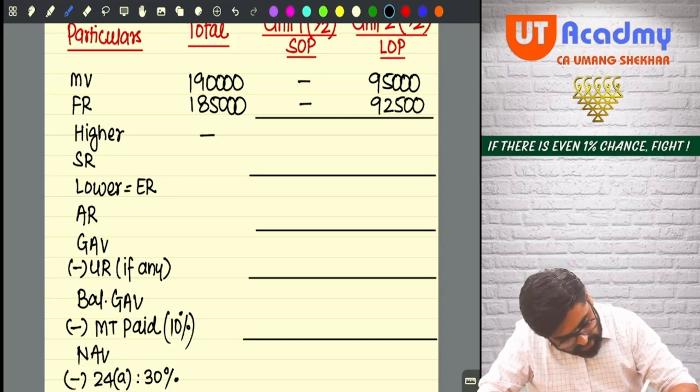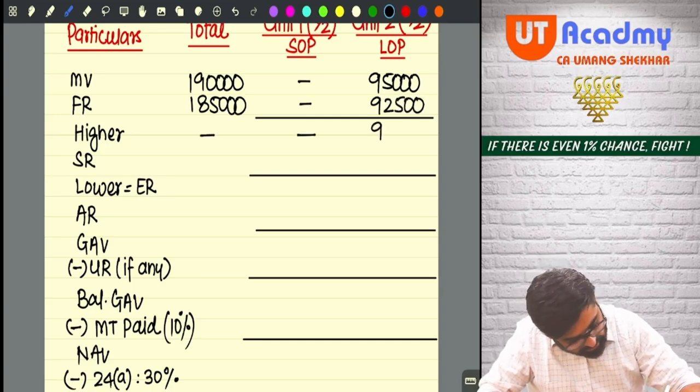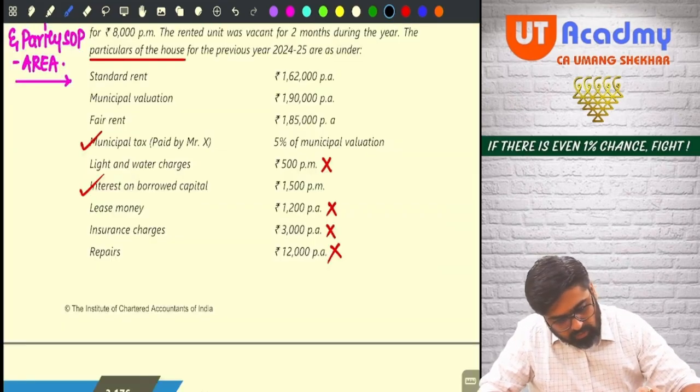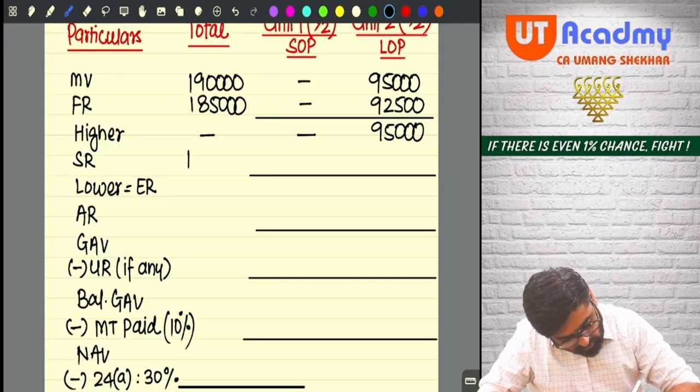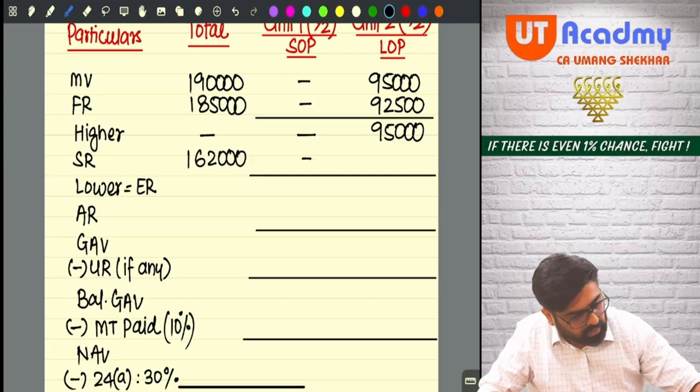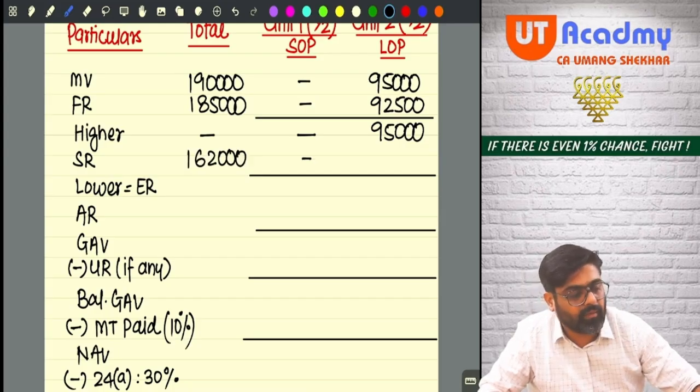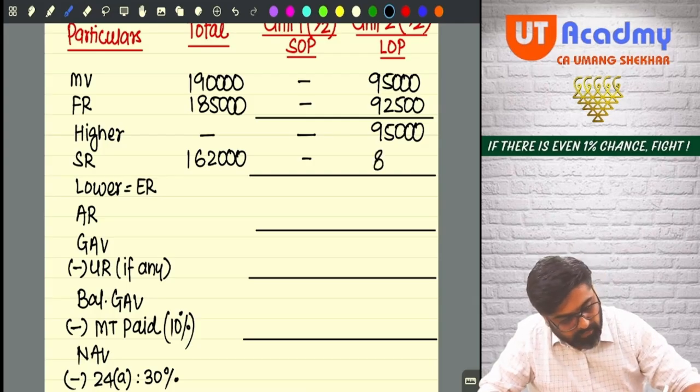Now let's move on to standard rent. What is standard rent? 1,62,000. I will write down 1,62,000 over here, and 1,62,000 divided by 2 will give me 81,000.